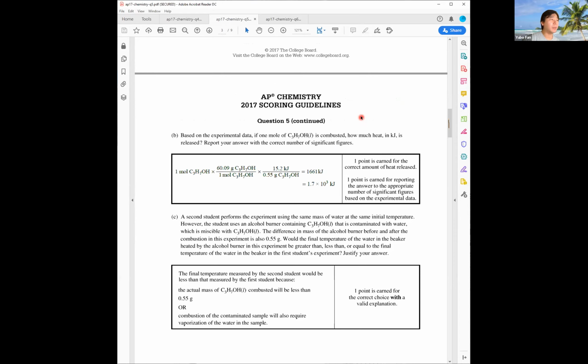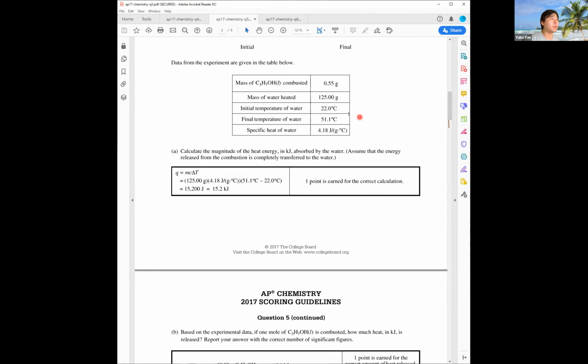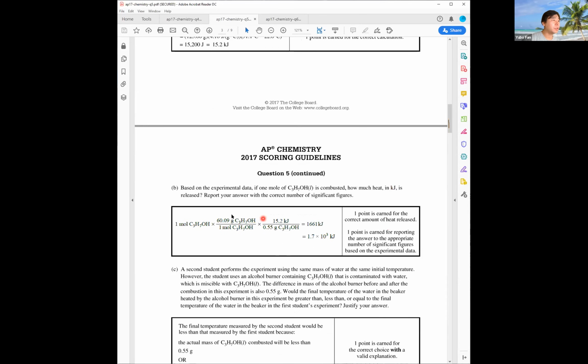And the mass of isopropyl is shown in the table here, 0.55 gram. So here the question is just about 1 mole of this one.